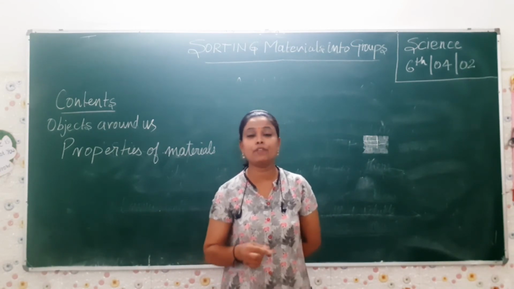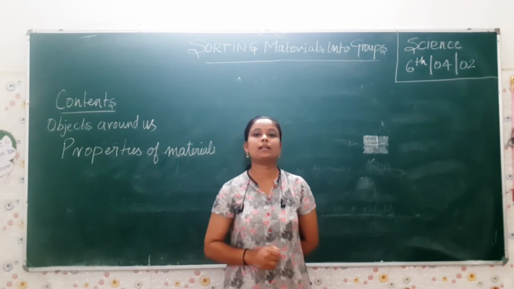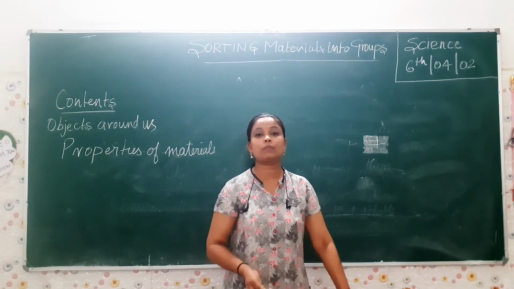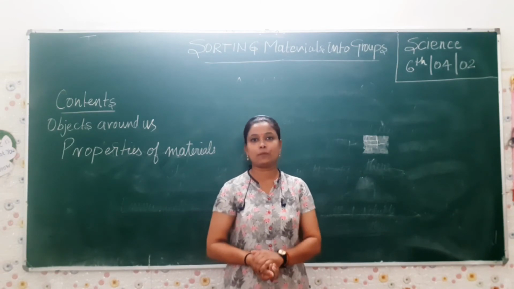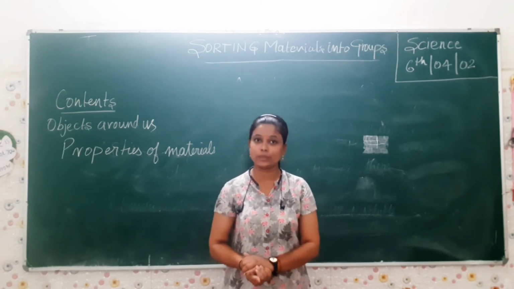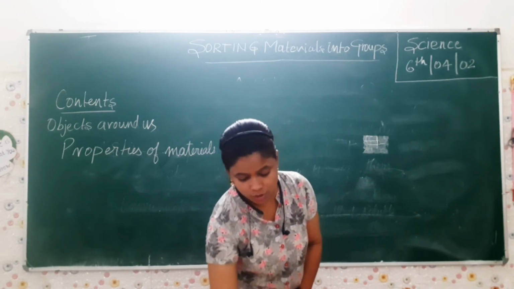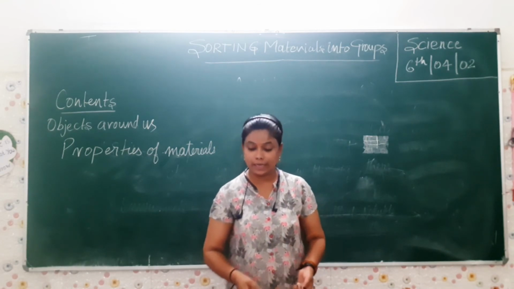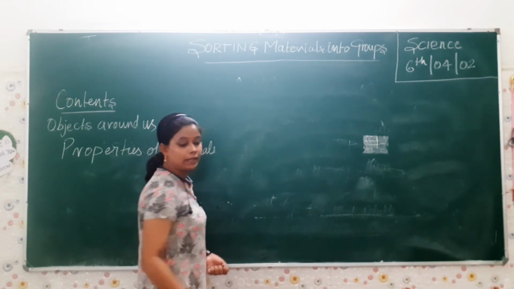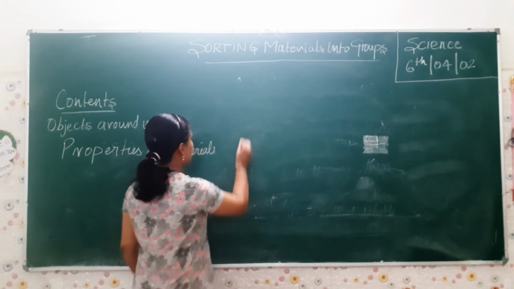I hope you have understood, and for better understanding, do those demonstrations, do those experiments which I have just discussed with you. Next, what do we have? Now, transparency. It is a very important content. Transparency.